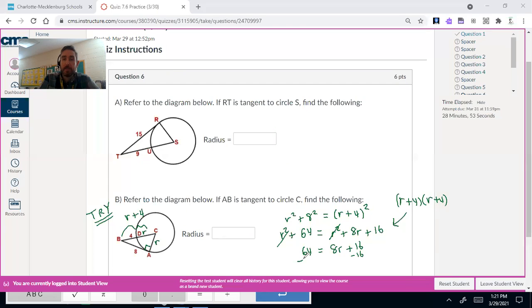Subtract 16 from both sides. 64 minus 16 will be, 64 minus 14 is 50, so minus another 2. That's going to be 48, which means your radius is going to be 48 divided by 8. That's going to be 6. So your radius here will be 6. 6, 8, and then this is going to be 6 plus 4 is 10. So that's a Pythagorean triple.